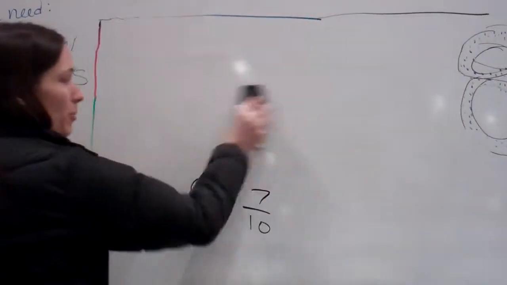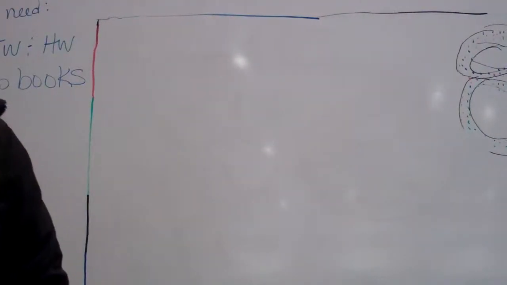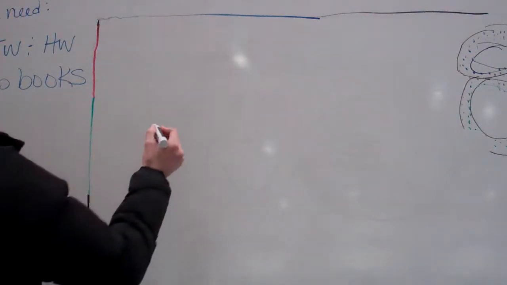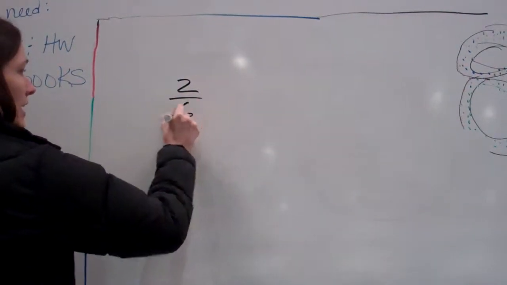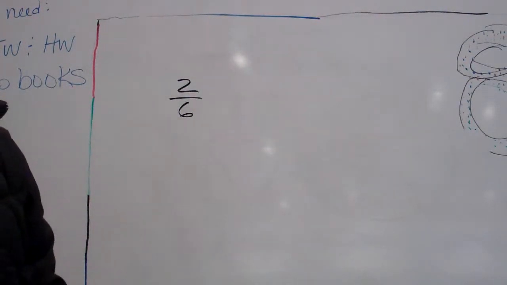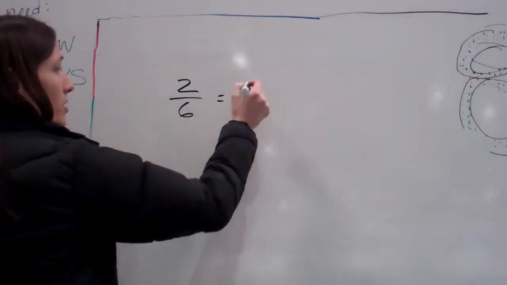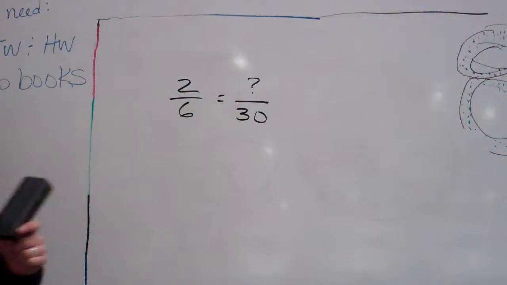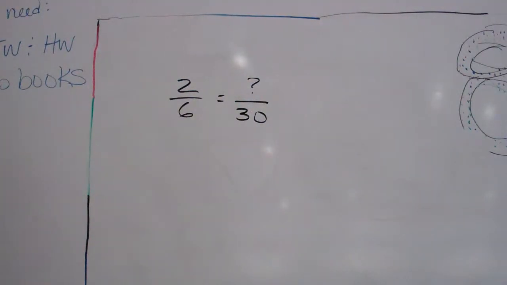But let's do a proportion that you're actually going to have to figure out. For example, it says 2 is to 6 as what number is to 30? Does everybody see how I wrote that? Can we figure out this proportion?